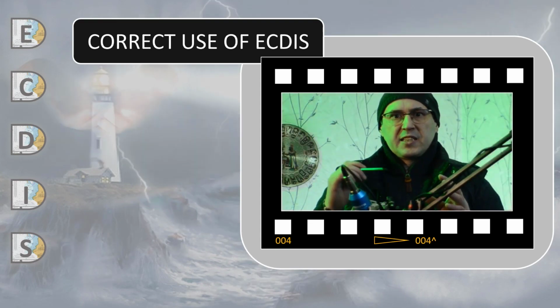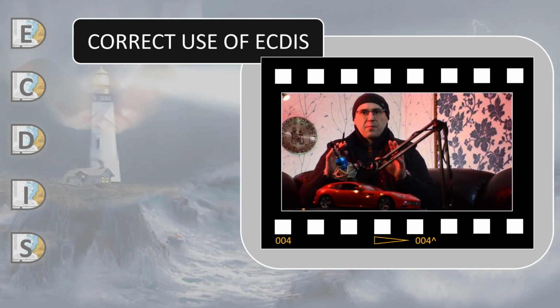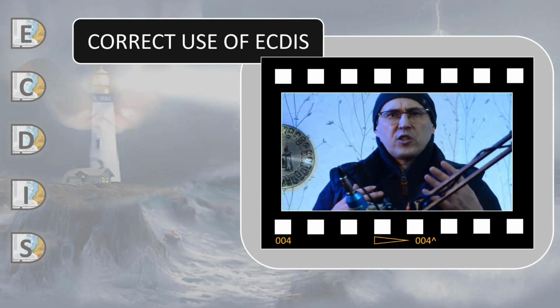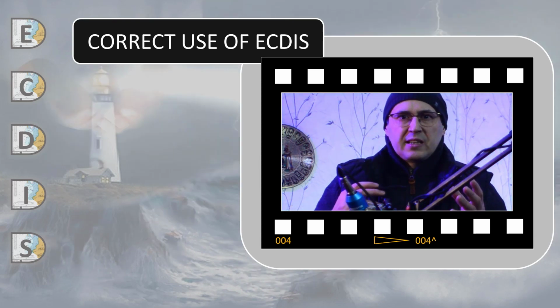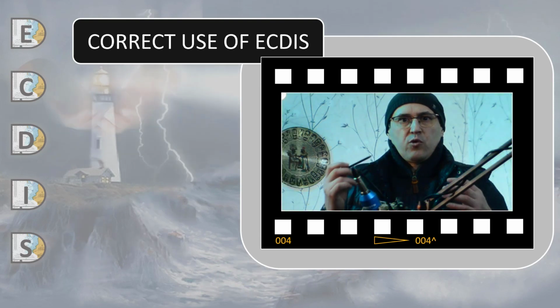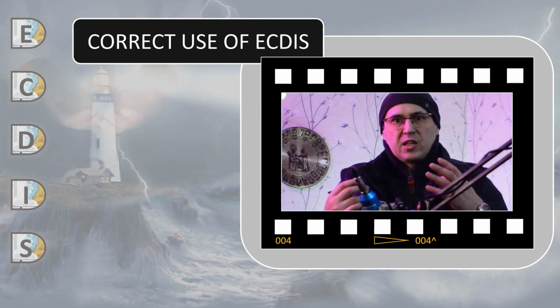Use the ECDIS as a decision support tool, not a decision maker. We must keep the ECDIS software and charts updated and follow the manufacturer's instructions and guidelines for the operation and maintenance of the system. We have to report any malfunctions or errors to the master and the technical support.